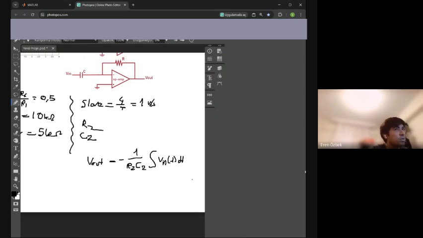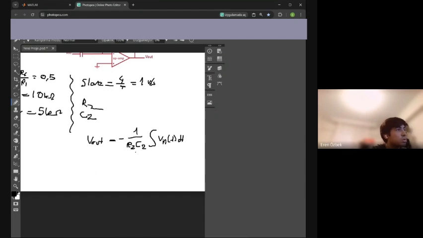If we make this equation equal to this, V out equals 0.5 times t, where V in is 1, so 1 over R2 C2 equals 0.5.